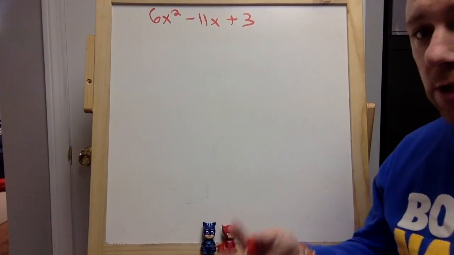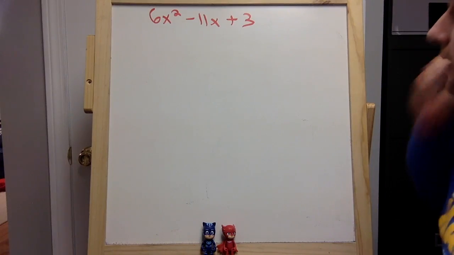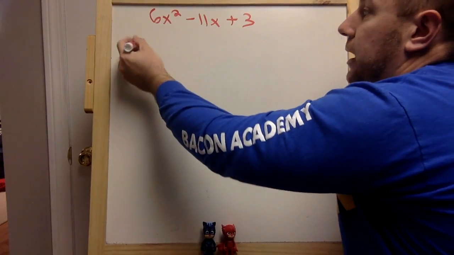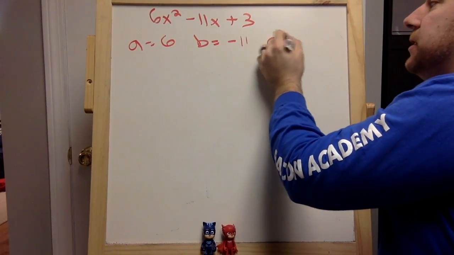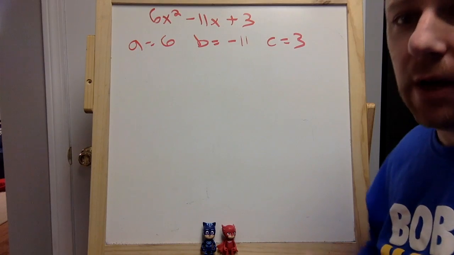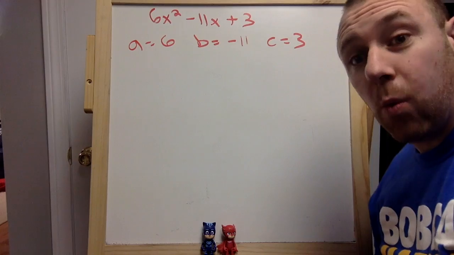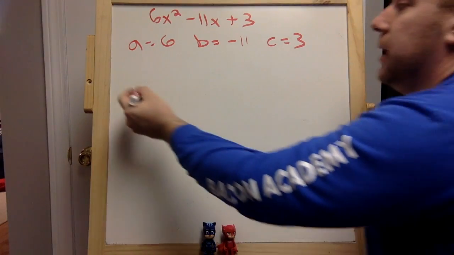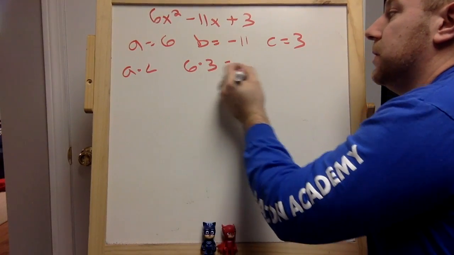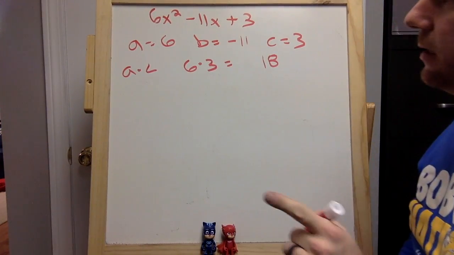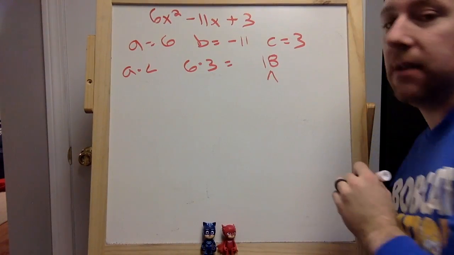So in this second equation, again, I'm going to repeat those same 5 steps. The first thing I'm going to do is locate A equals 6, B equals -11, C equals 3. So I have to do the long step in here because, again, A is not 1. So again, A times C. That's 6 times 3, which is 18. Now I take this and find the factors of it.